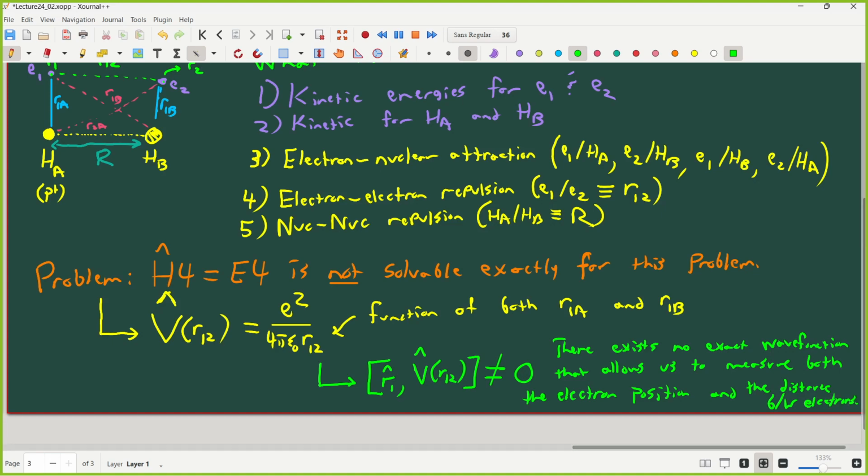We can measure one or the other. We can measure each of the electrons moving independently of each other as if the other doesn't exist, assuming they have no knowledge of each other. We can solve that problem. We can also solve a problem where we assume we don't know anything about the positions of each electron and parameterize everything relative to the distance between the two.